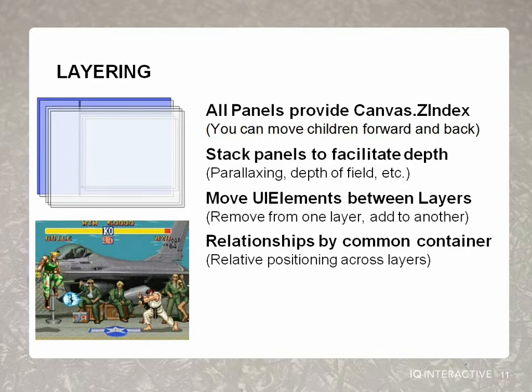His position is his position across all layers because they all share this same screen size and positioning. So keeping that in mind, we were talking about earlier, you can build relationships between elements inside of the same container. You can build relationships and understanding of positioning not only inside the same container, but across multiple containers, assuming that they all share the same common container, or they're all laid out in the same position.